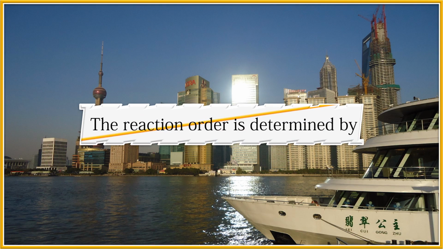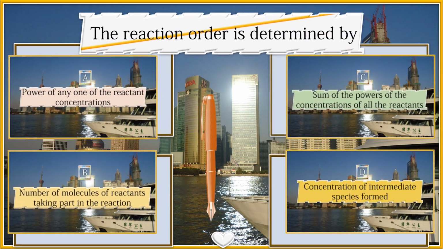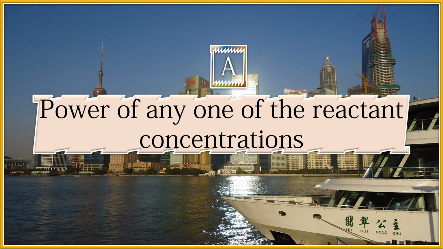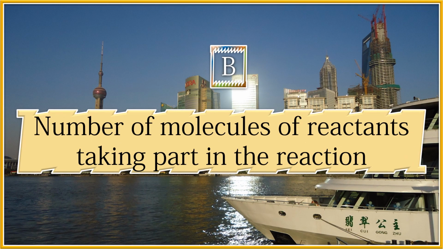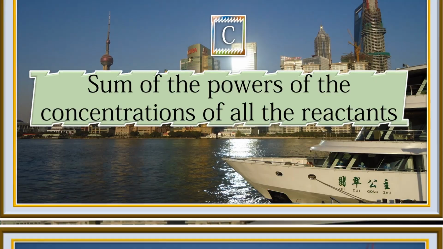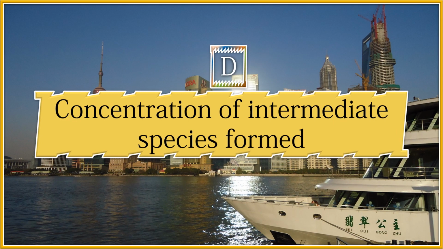The reaction order is determined by: power of any one of the reactant concentration, number of molecules of the reactants taking part in the reaction, sum of powers of the concentrations of all the reactants, concentration of intermediate species formed.